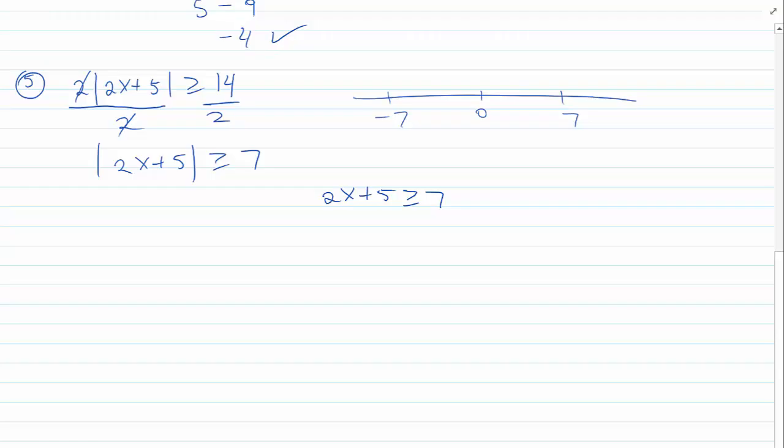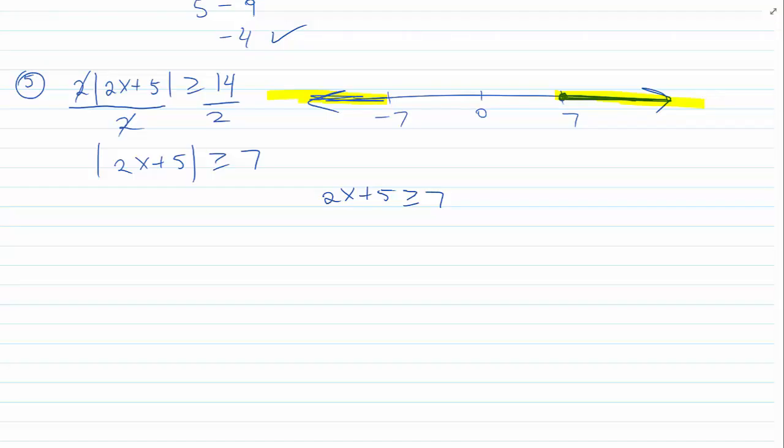If you're saying greater than or equal to 7, that means you told me this side, let me highlight it, this part, greater than 7. But you can also go to the other side of the number line, to the left. If you pick a number, let's say negative 8, that's going to be greater than 7 under the absolute value.